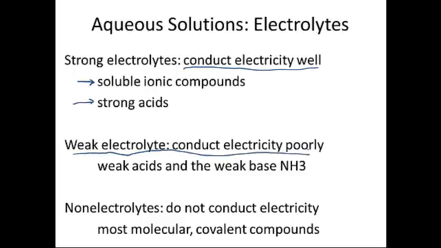And the compounds that are generally weak electrolytes are normally weak acids and the base ammonia. And non-electrolytes don't conduct electricity when dissolved in water. And most molecular covalent compounds are non-electrolytes, other than the ones that are strong acids or weak acids. Those are the ones that are the exception to that general trend.